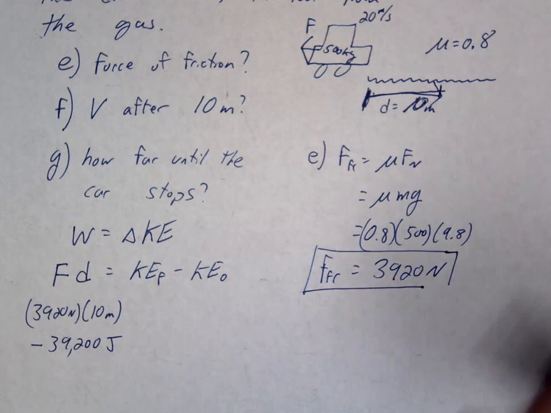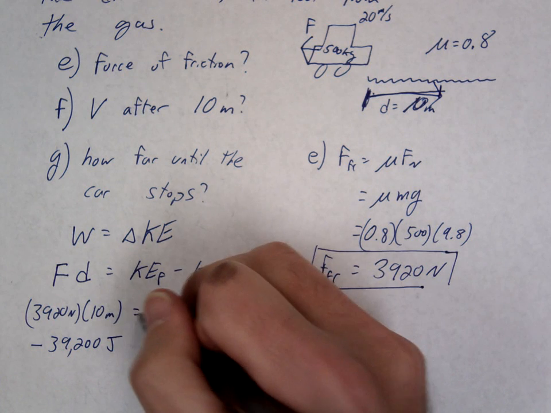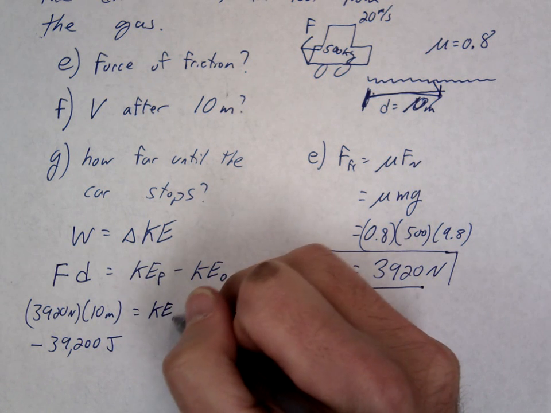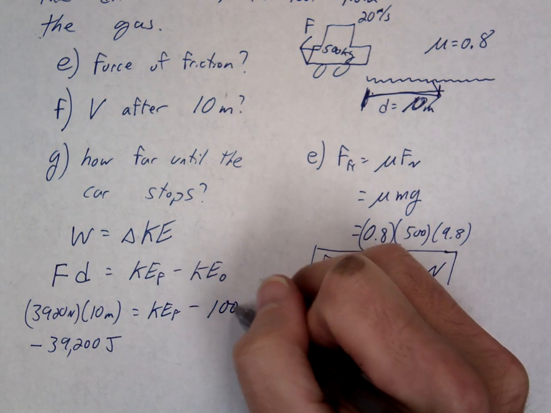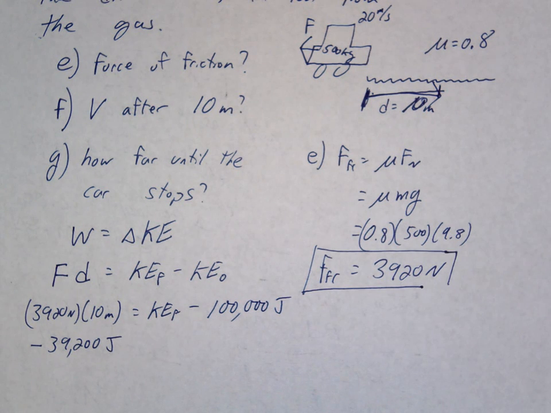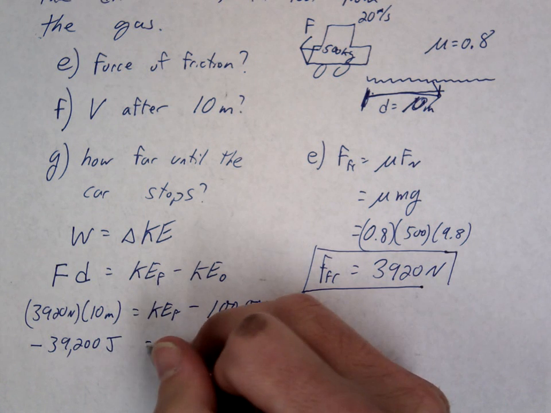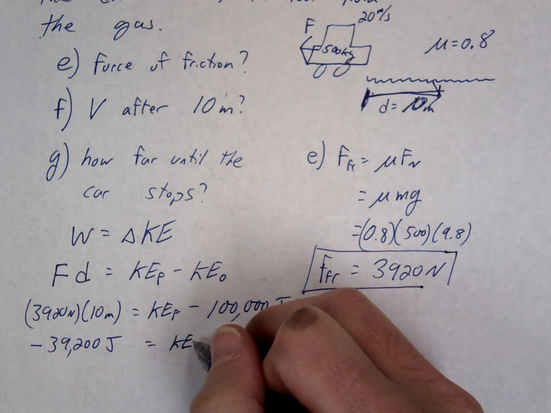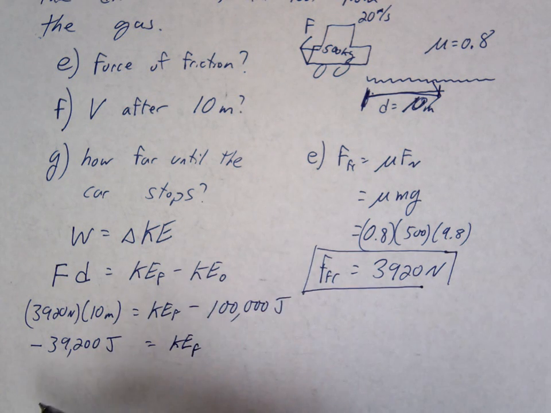So we had a certain amount of energy. In fact, how much energy did we have? From the previous problem we already know, right? How much was it? 100,000 joules. So we had 100,000 joules, okay, and then we removed 39,000, or almost 40,000 joules.